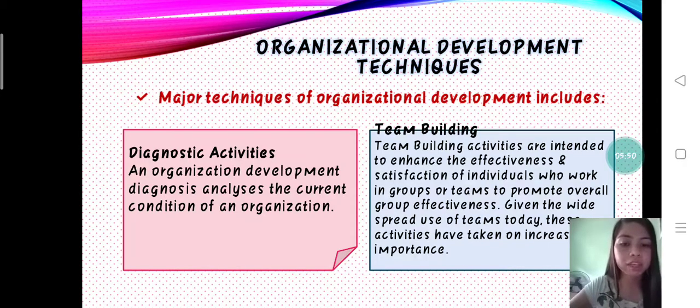So, many companies use team building as one method for changing the working relationships between workers and supervisors from confrontational to cooperative.